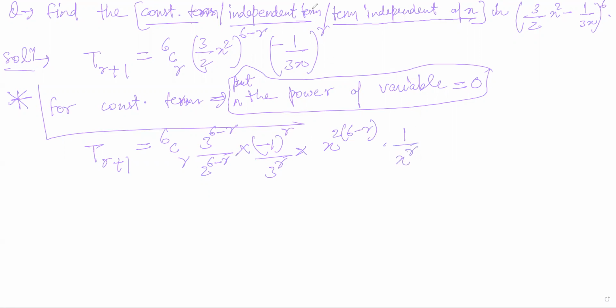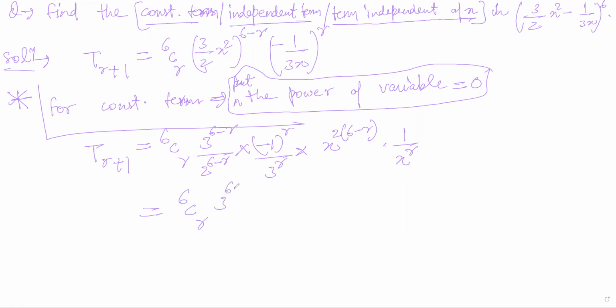So what did I do? I have basically applied the laws of exponents over all the terms, so this will become this. Now this can be combined. 6Cr, combine the powers of 3. This r will go in the numerator and become minus r.